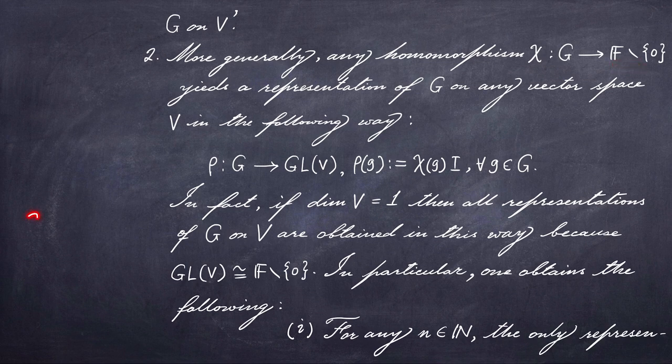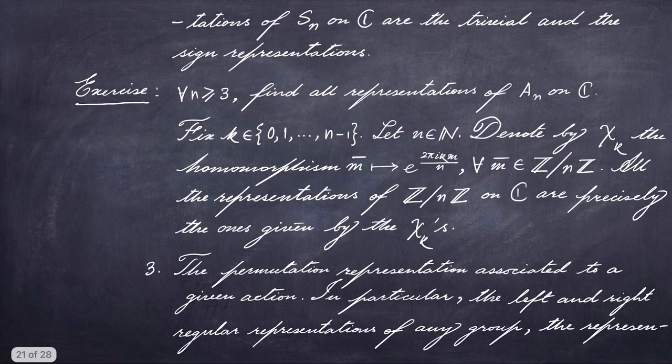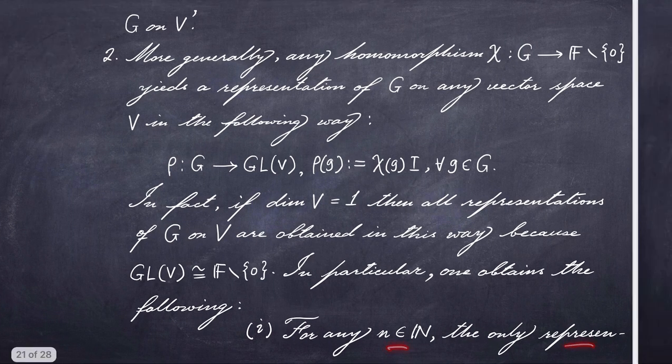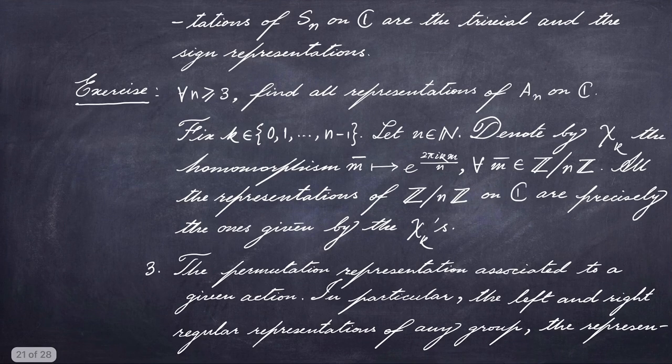This is because when V has dimension one, GL(V) is isomorphic to the multiplicative group of F. So this is now clear. In particular, we obtain that for any n in N, the only representations of Sn on C are the trivial one and the sign representation.